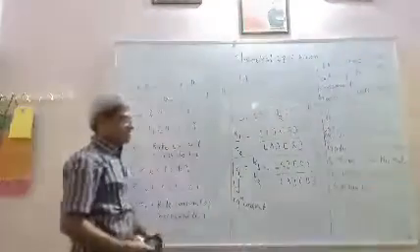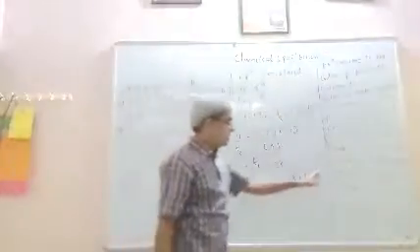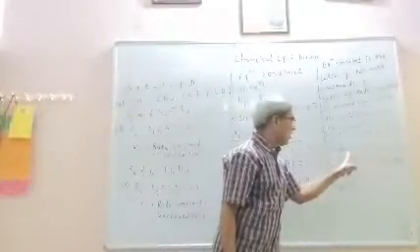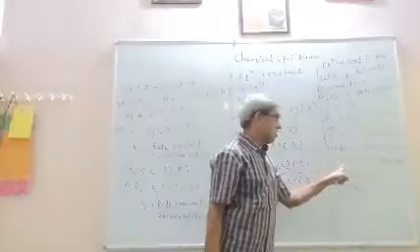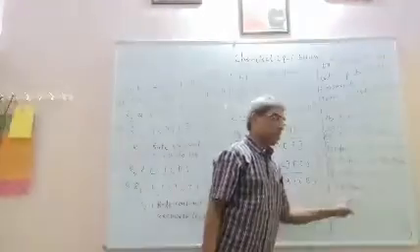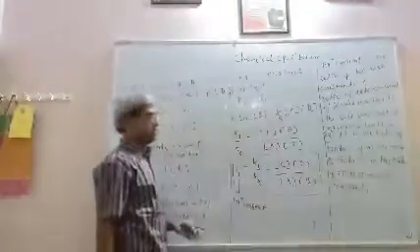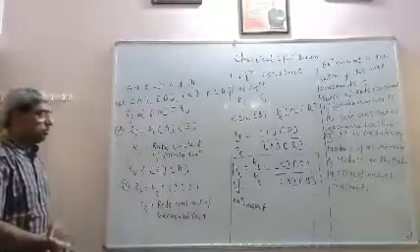This is the simplification, right? The ratio of the product of active masses of products to the product of active masses of reactants. It is all about the equilibrium constant.